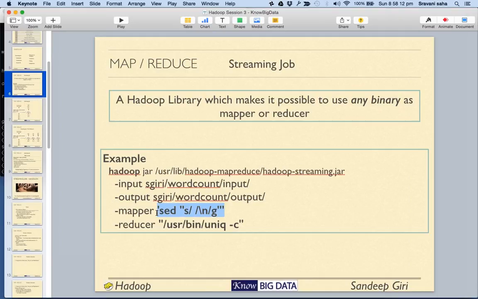Of course, this tab is configurable, but for the sake of discussion, the key and value given by whatever mapper we are using have a separator, which is tab by default. Okay. Similarly, the reducer needs to understand how to handle the key and the value when separated by a tab. Okay, and that's very important here.